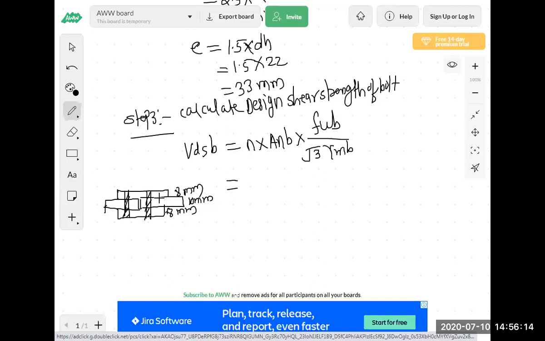So now here N is 2. Why is N 2 here? Because of the number of shear planes. Here 2 cover plates are there, so this joint will fail in 2 phases. This is one phase and this is another phase. See, I have here a dark portion.